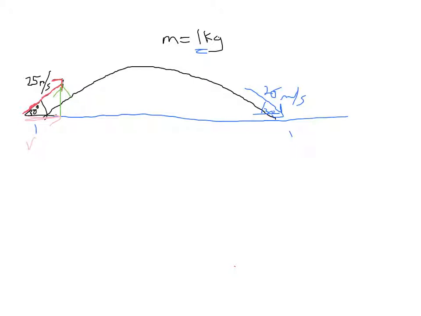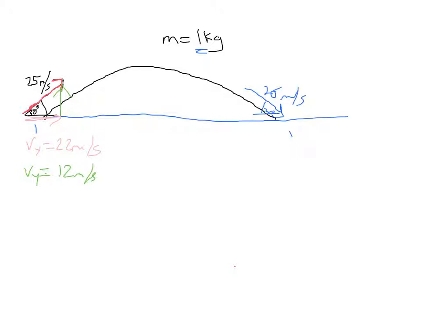My vx is going to be 25 times cos of 30, which gives me approximately 22 meters per second, and my y component is going to be 25 meters per second times sine of 30, which gives me roughly 12 meters per second.